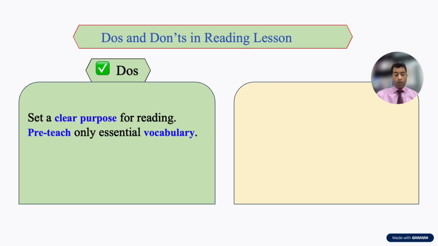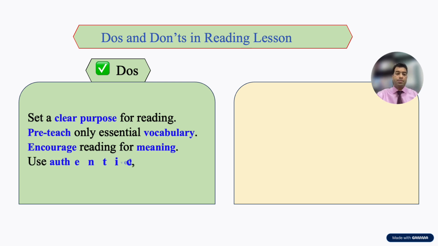Pre-teach only essential vocabulary, so 5 to 10 words are best to teach students, not every word. Encourage reading for meaning, so students should read and comprehend authentic, level-appropriate text. For example, authentic means the real resources or authentic text, not any text given to students.